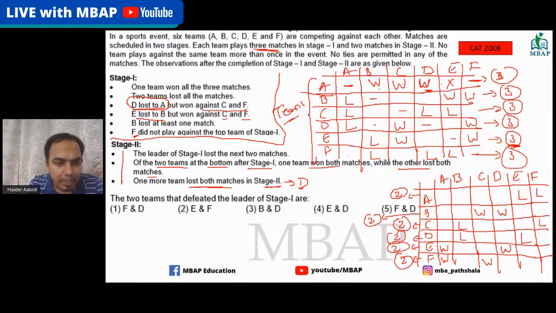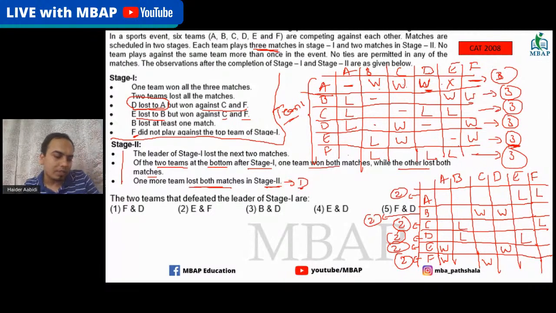So the 2 teams that defeated the leader of stage 1. I was wondering how people were getting answers before, because I saw that a lot of people were writing answers, and only 2 people have written B and D. I was not sure how they were getting B and D, because they have not solved stage number 2.